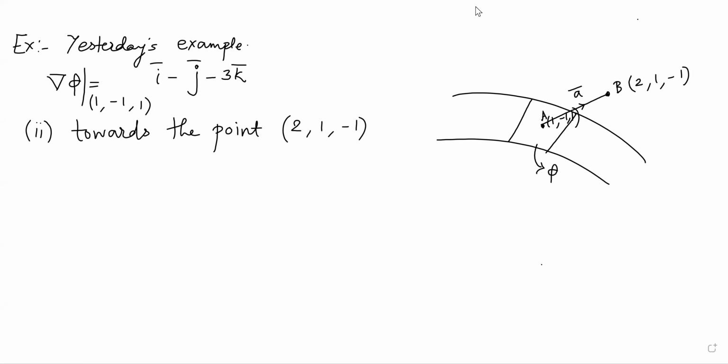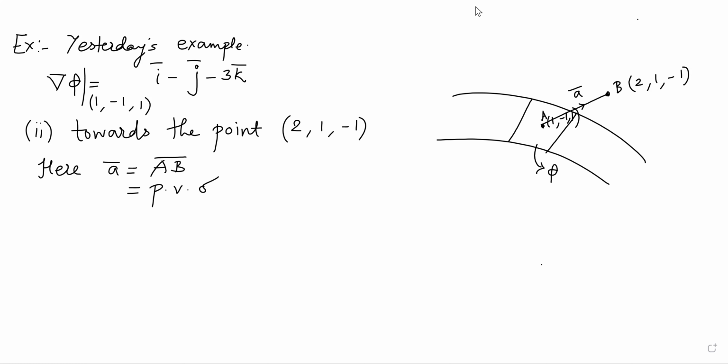So we have here from the point towards the given point. So here, a bar is equal to AB bar. How do you calculate this?